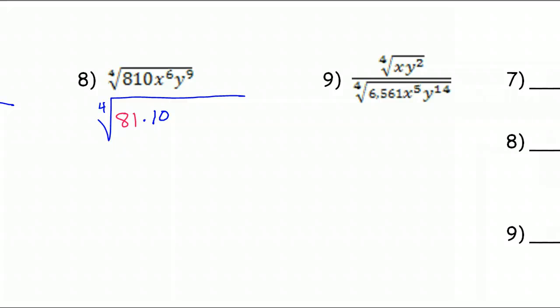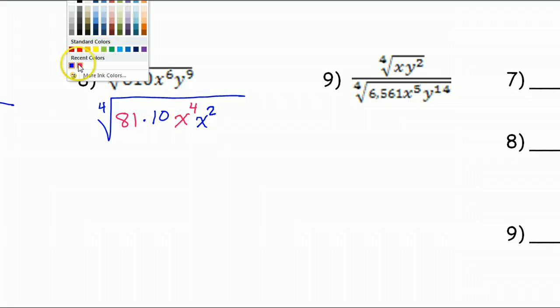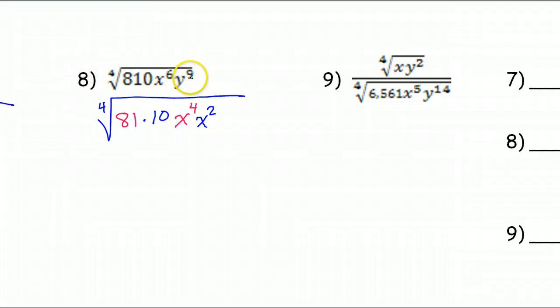Neither one of them are. So I'm going to have to split them up. The x's I can split up into x to the 4th power, that's divisible, and x squared, alright, for a total of 6. Then the y's, the first number below 9 that's divisible by 4 is 8. So I will do y to the 8th power.